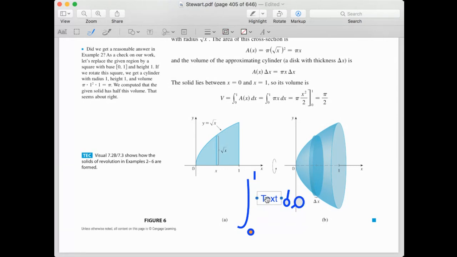So what's the area of those circles? Pi r squared, right? So pi we know. How do we find r squared? All we have to do is to find r.